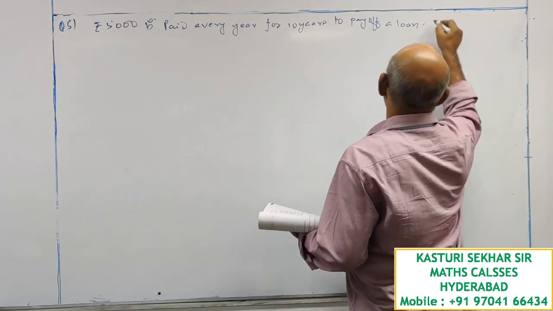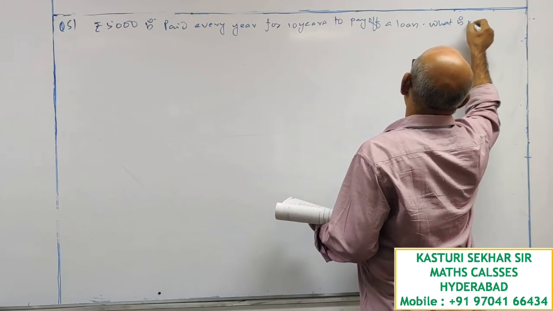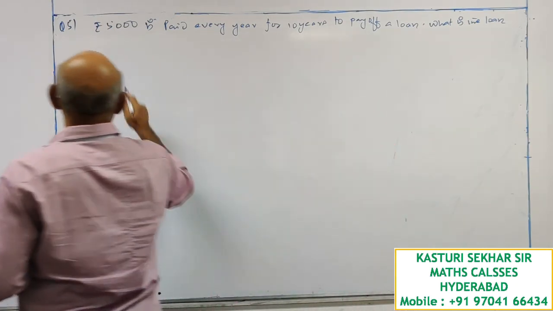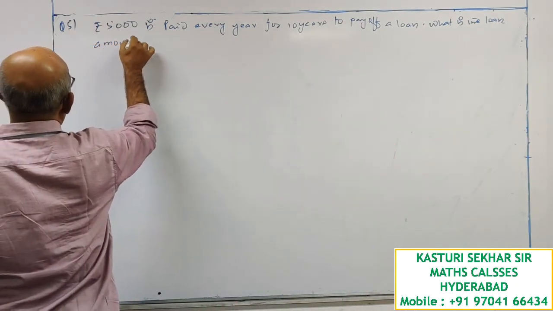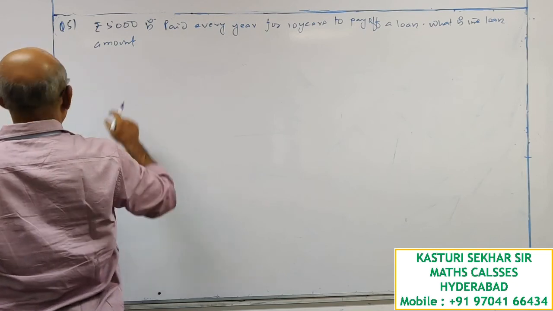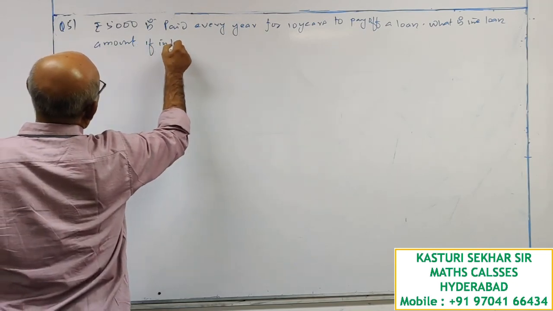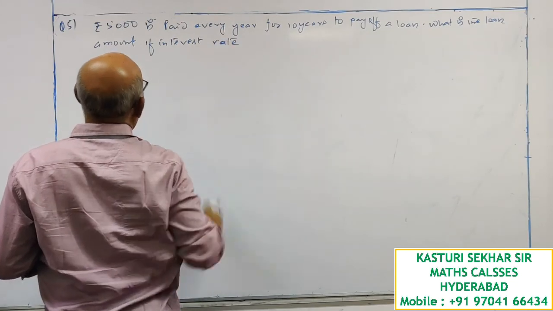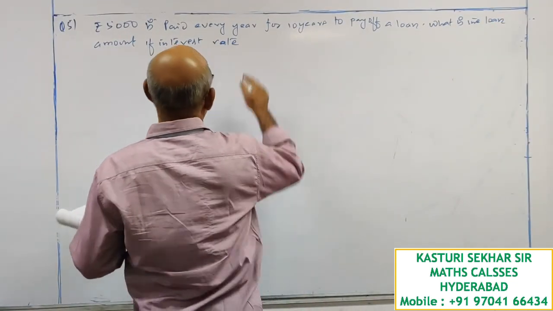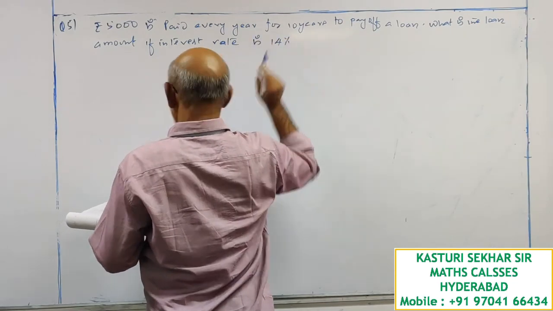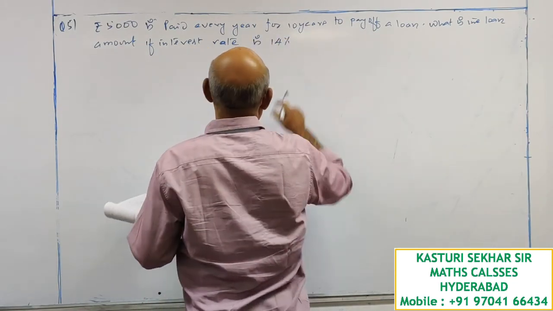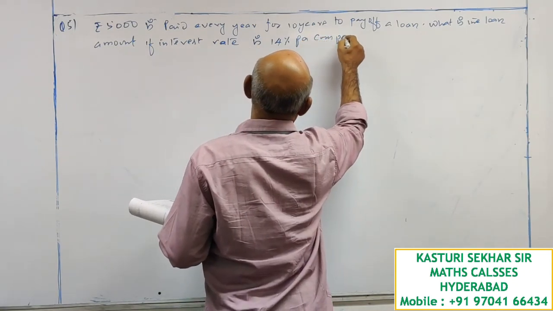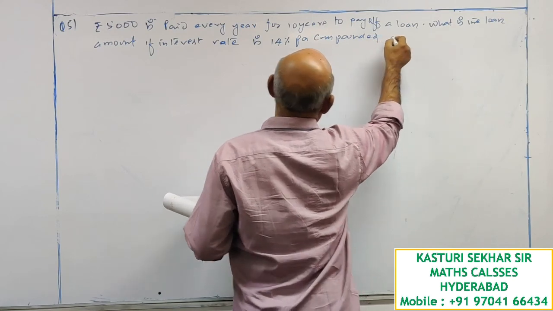What is the loan amount, if the interest rate is 14% per annum, compounded annually?